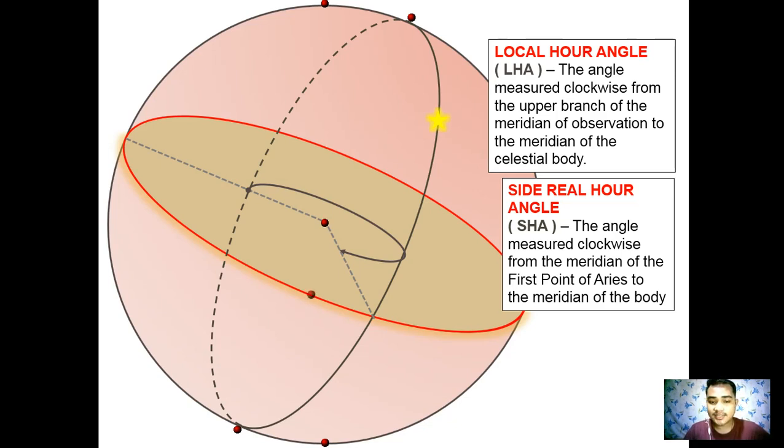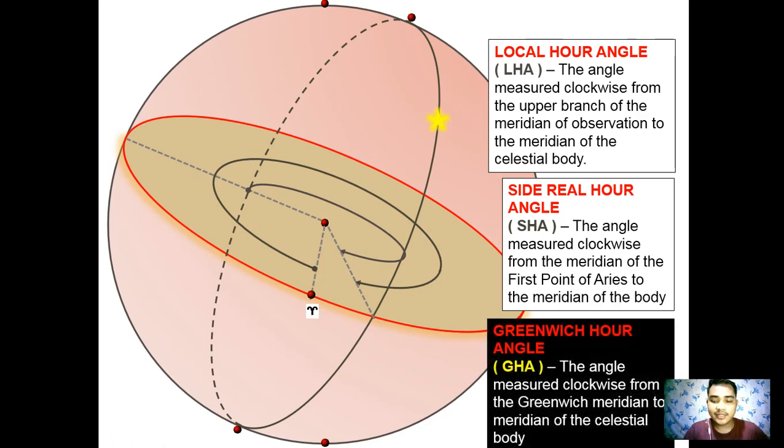So it means the angle measured clockwise from the meridian of the first point of Aries to the meridian of the celestial body, in a clockwise direction.